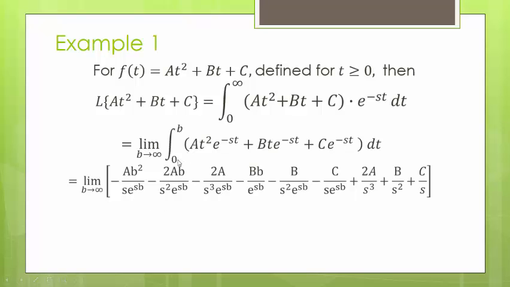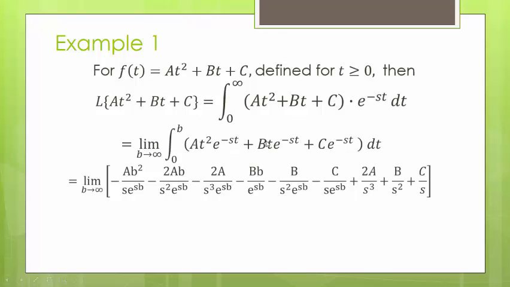Now when you plug in 0, you'll have several terms that cancel, so pretty much I will only be left with a negative, so that's why I have a plus 2a over s cubed. The e to the 0 will be 1, and so that's canceled. So these three terms and this fourth term all are from integrating that first.